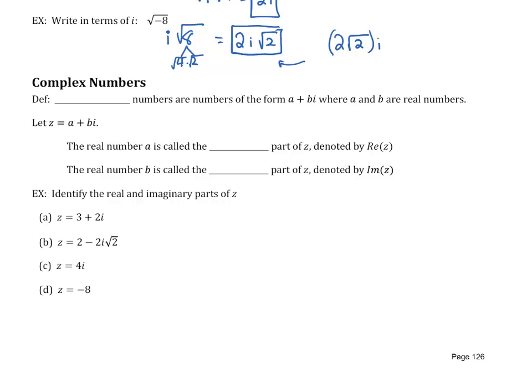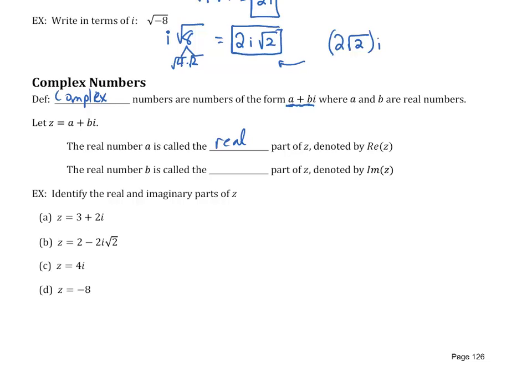And so a complex number is going to be any number that involves that imaginary unit in the following form. That is, it's a number that is a real number a plus a real number b times i, a plus bi. So if we have a number, if we call it z, and that is in the form a plus bi, a number plus a number times i, we call the number a the real part of that complex number z.